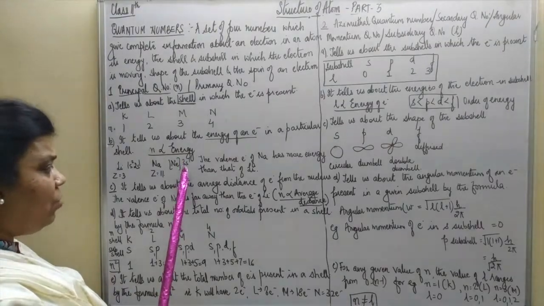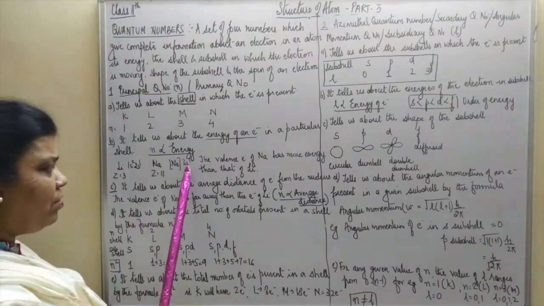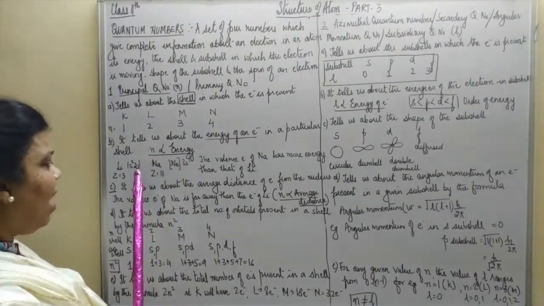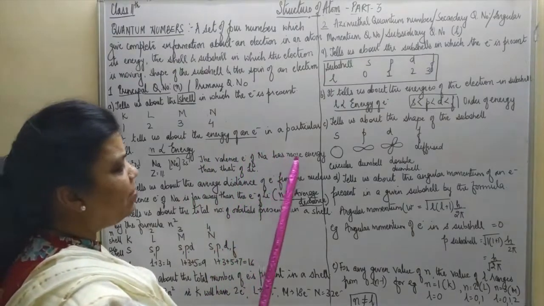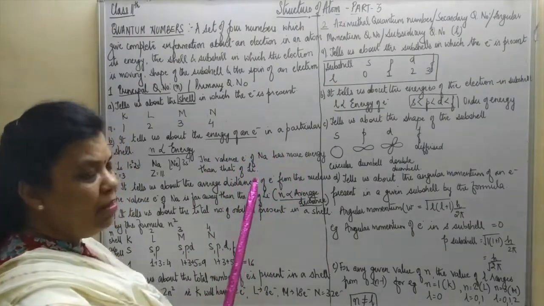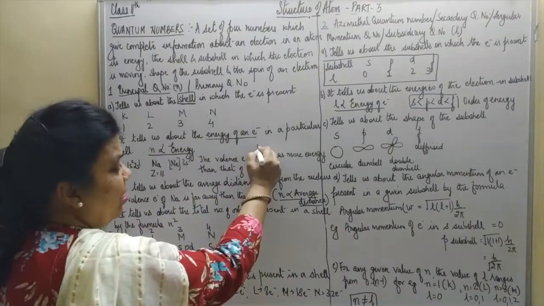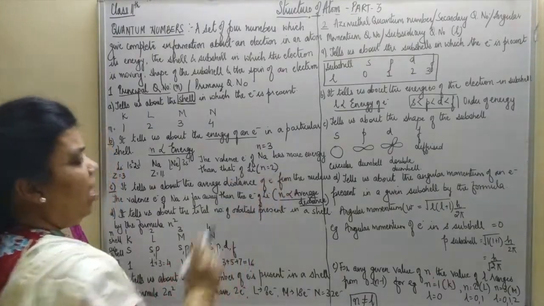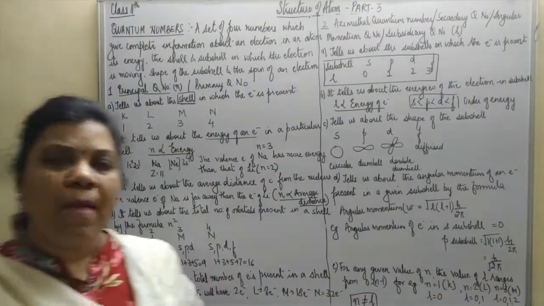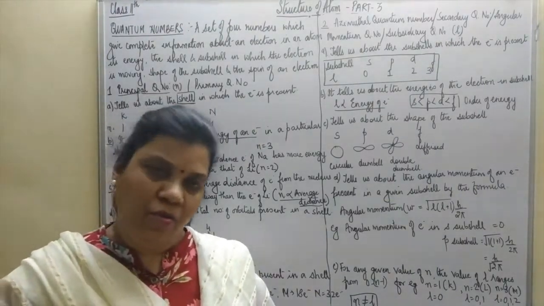So the value of the principal quantum number for the valence electron in sodium is 3, and that for lithium is 2. So the valence electron of sodium has more energy than that of lithium, because it is in n equals 3, and that for lithium is in n equals 2. And remember, n value is directly proportional to energy.